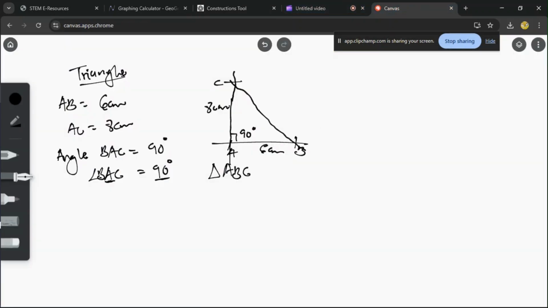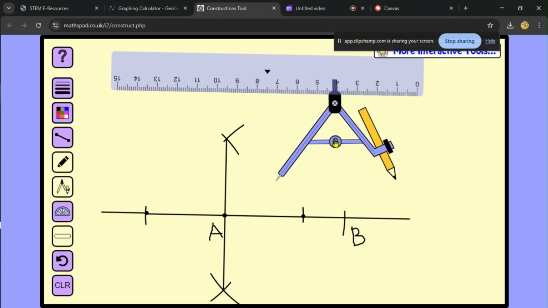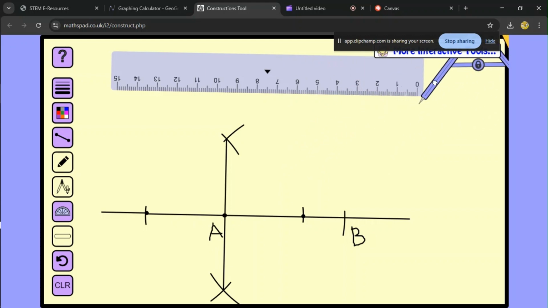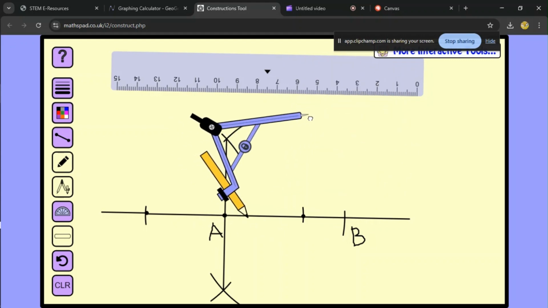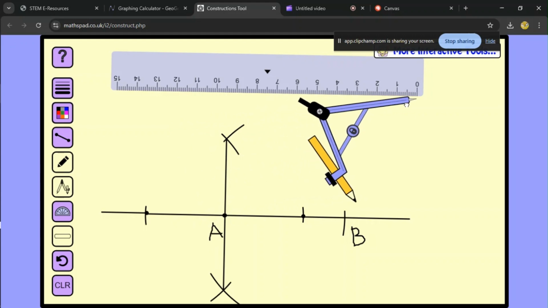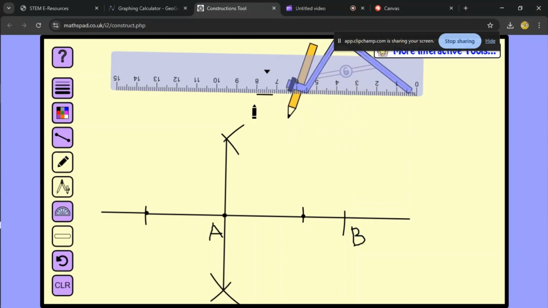Then C is 8 centimeters. So I'll come and measure 8 centimeters from 0. Sorry, 8 will be somewhere here.